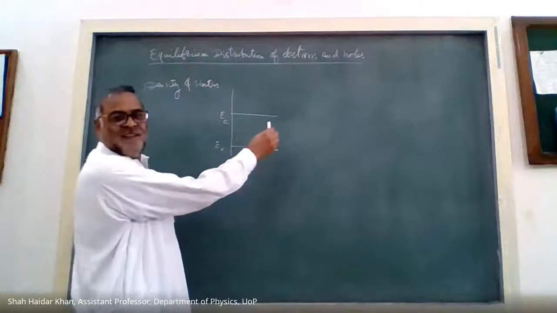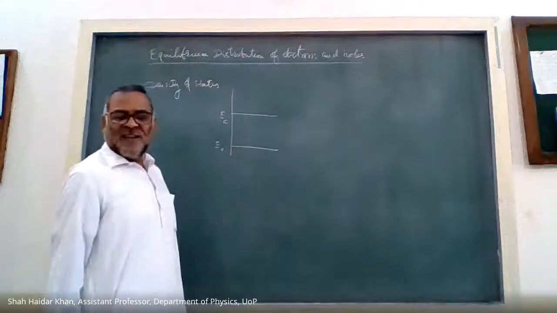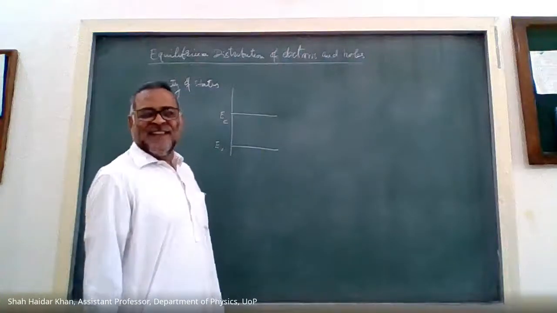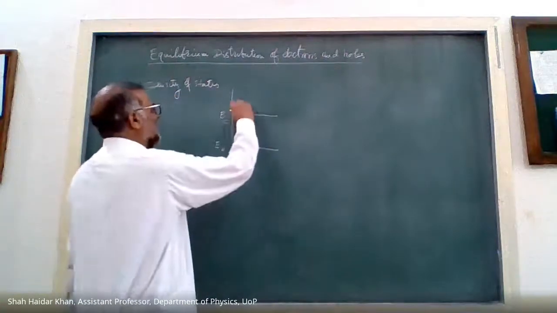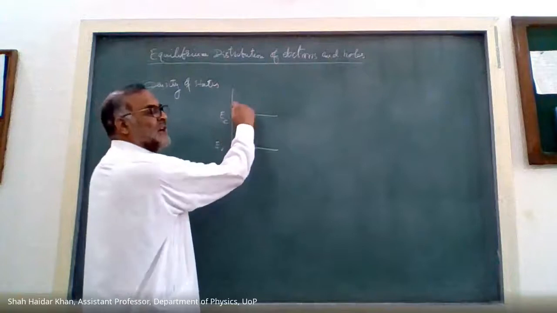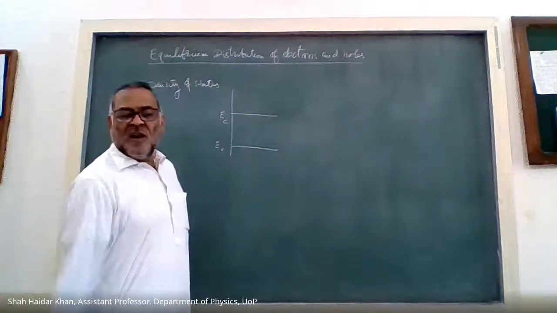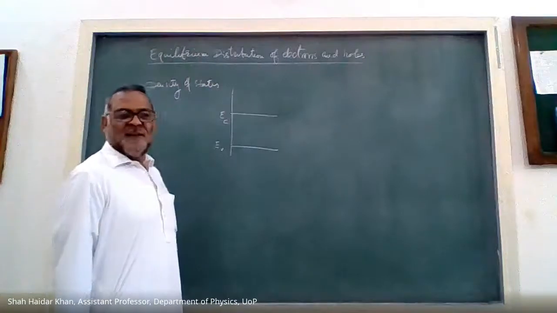There are no states here in the band gap. There are no chairs for people to sit in, right? However, there are allowed states in the conduction band, and there are allowed states in the valence band, right?